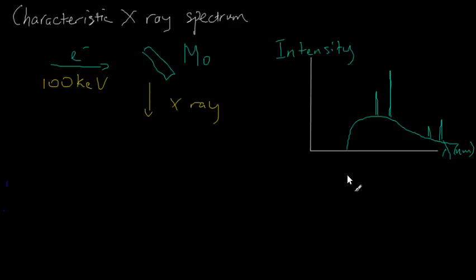So we're saying that the minimum wavelength corresponds to the case where all of the electron's kinetic energy is converted to a photon. Because in general it doesn't have to be all; it can be half of it or some fraction of it converted to the X-ray photon. That's why we have this continuous spectrum here.